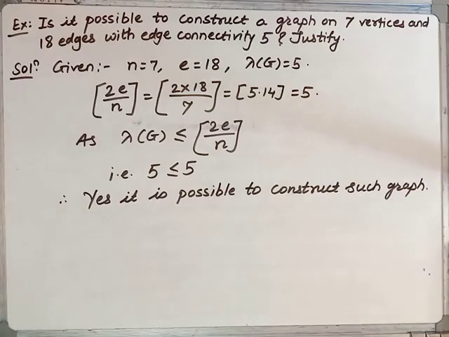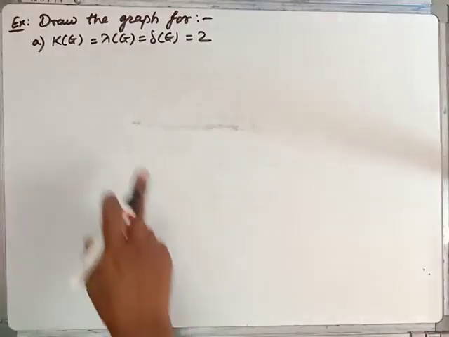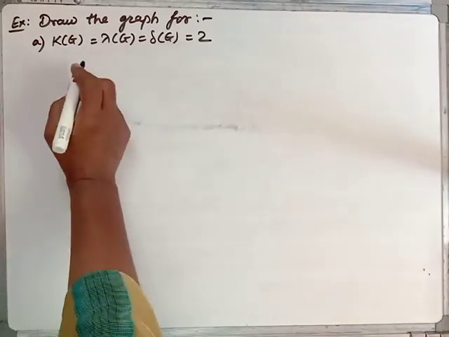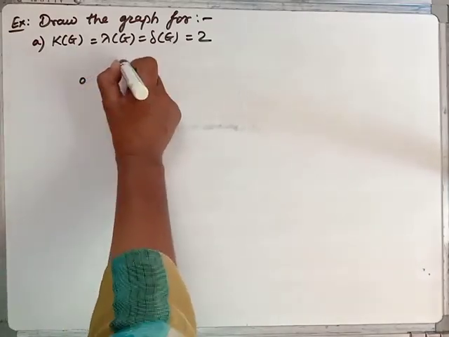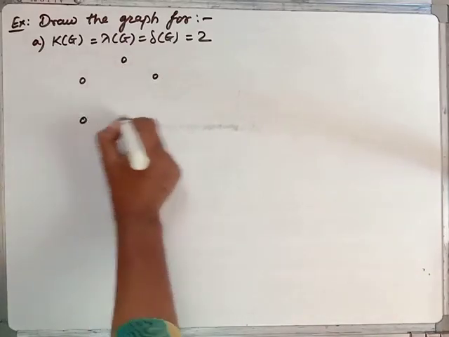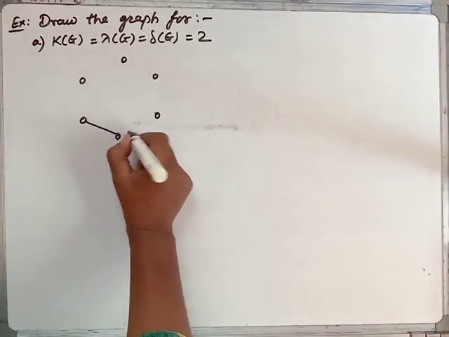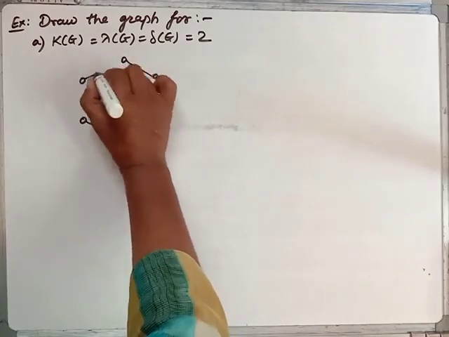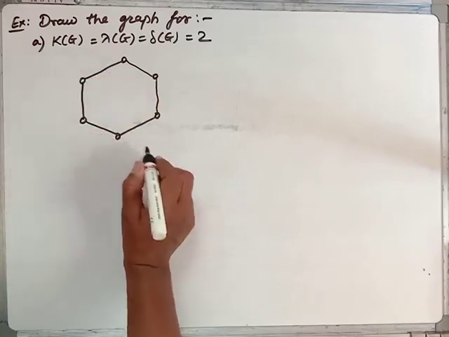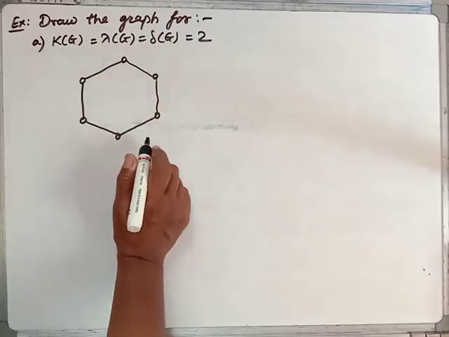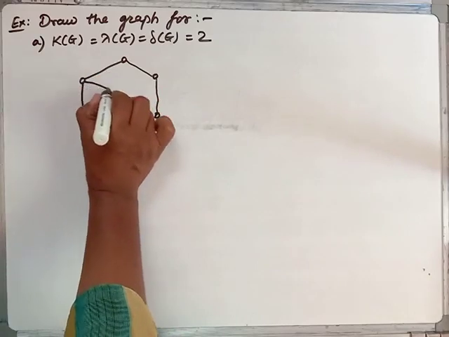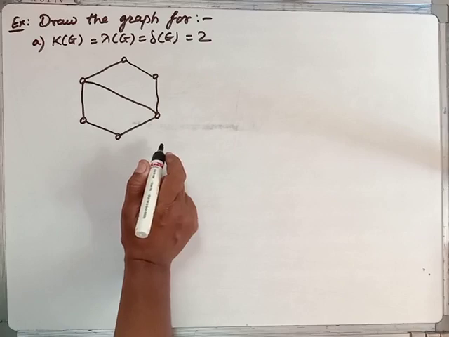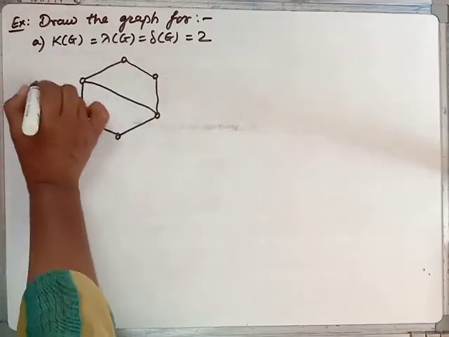Okay. Now the next example. Draw the graph for which all these are 2. Minimum degree should be 2 there. Edge connectivity should be 2, meaning 2 edges should be deleted, and then it will be a disconnected graph. And vertex connectivity is also 2. So this is a graph for this one.